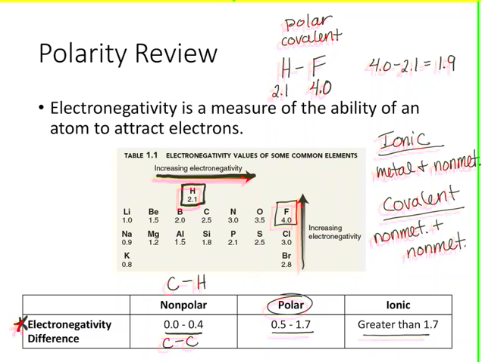Now let's look at an ionic example. Let's say we have lithium fluoride. Let's find lithium. That has a value of 1. Fluorine again has a value of 4. If we take that difference, we get 3. And that is much, much greater than 1.7.